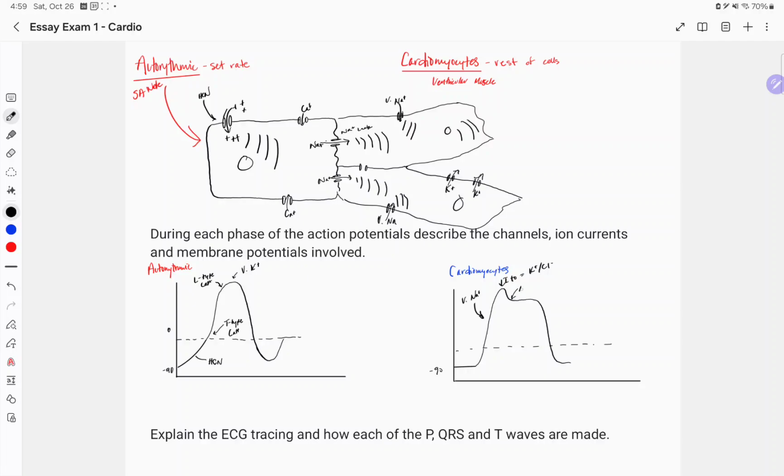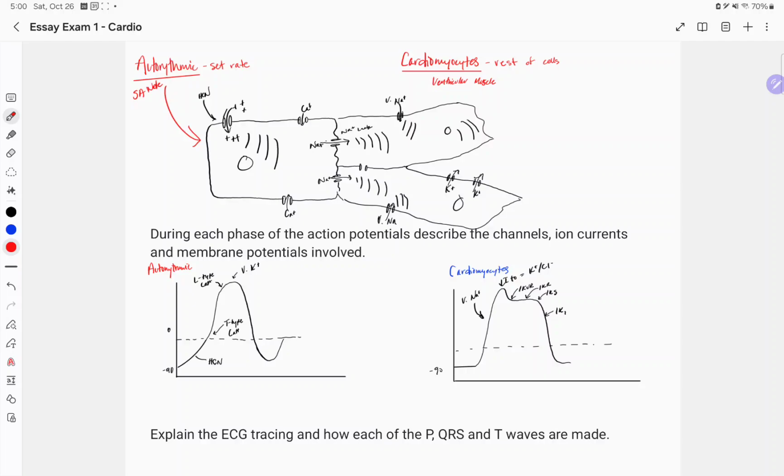And then we also have our ultra rapid potassium channels, our rapid potassium channels, our slow potassium channels, and then IK1 potassium channels that really allow a repolarization to occur.